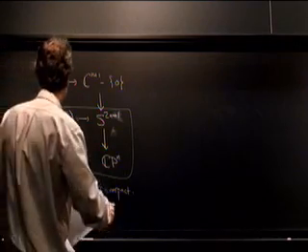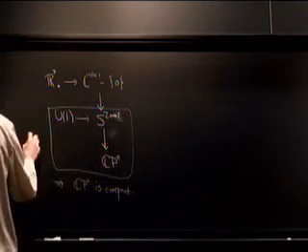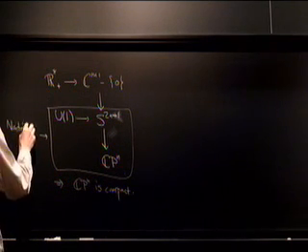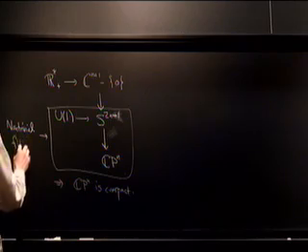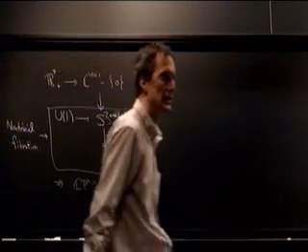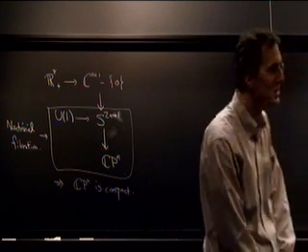Now, once again, I claim that this is a non-trivial fibration. And would anybody like to offer proof of that? Of course, if you've all read the notes, then we know the proof right away. But I suspect you haven't read the notes.